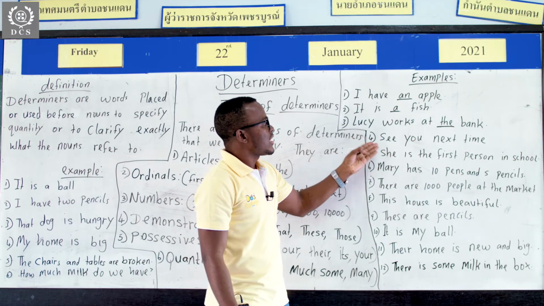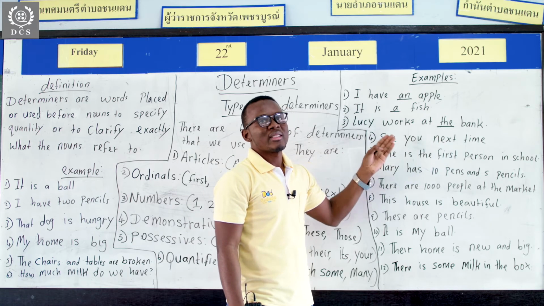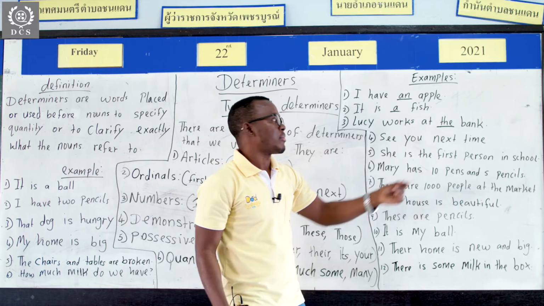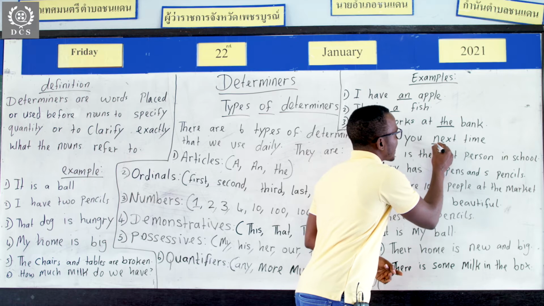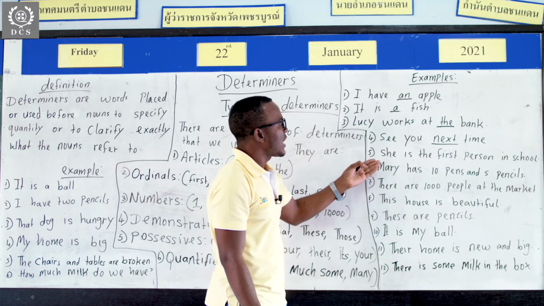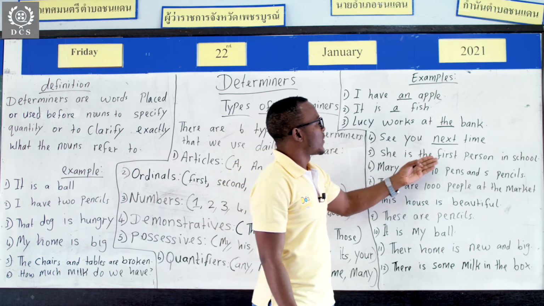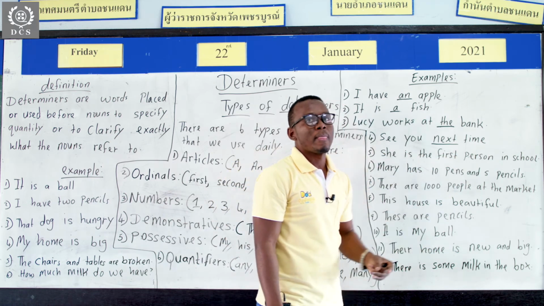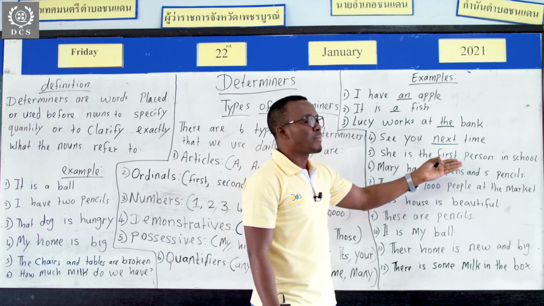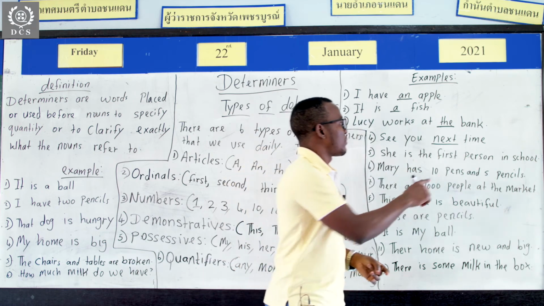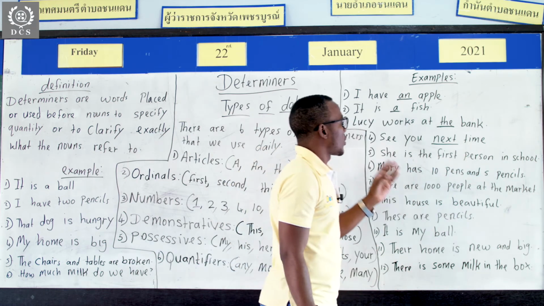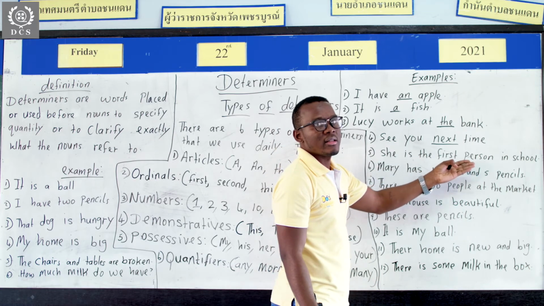Next one. See you next time. Next. She is the first person in school. We know person is a noun, right? So in she is the first person in school, the first is the determinant.